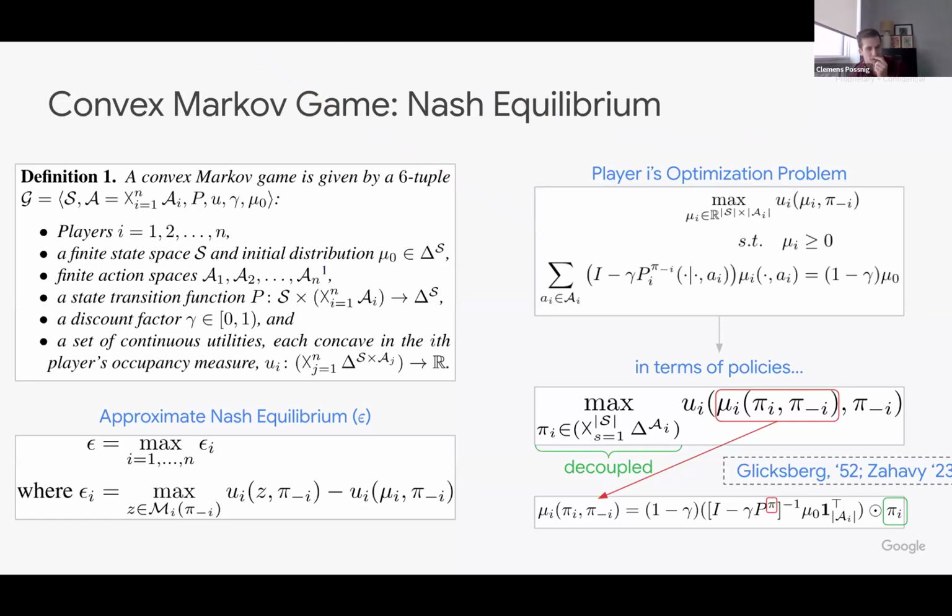That would be Glicksberg, I guess. But we don't have concavity in policy space, so that's why we had to do this.